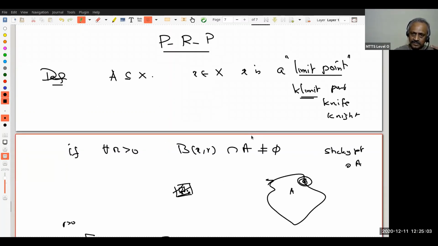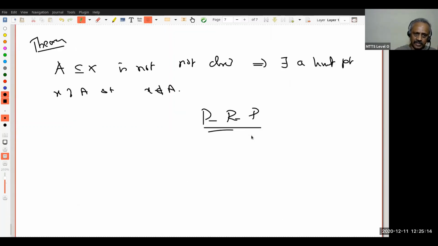Not the standard definition of limit point, but I would like to call this a limit point, when we deal with convergent sequences. Also we are going to show a subset A of a metric space is closed if and only if it contains all its limit points. That's the theorem we want.